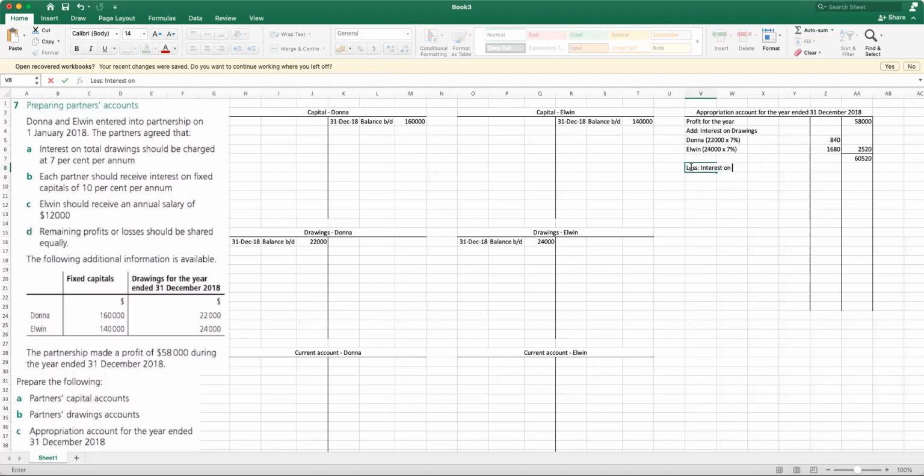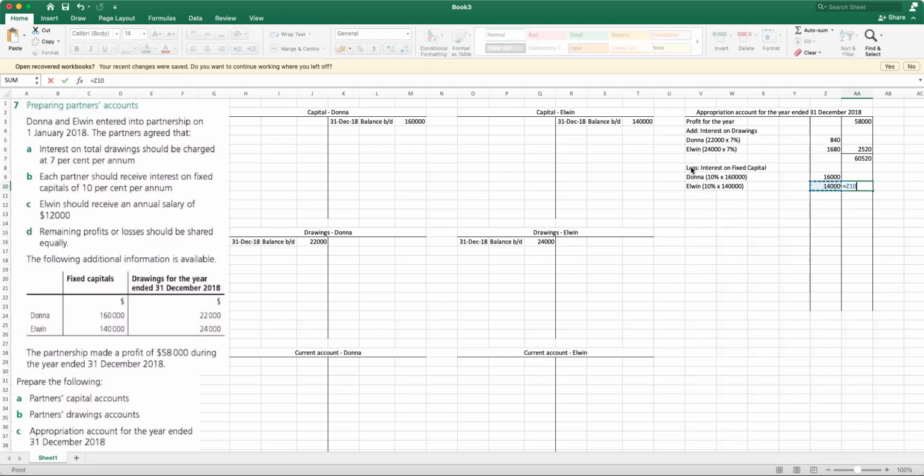Fixed capital. So Donna, 10% of 160,000. Alvin, 10% of 140,000. 16,000, 14,000.